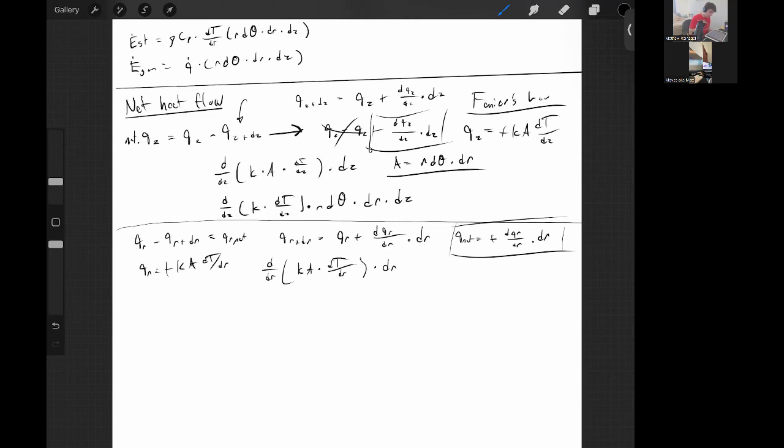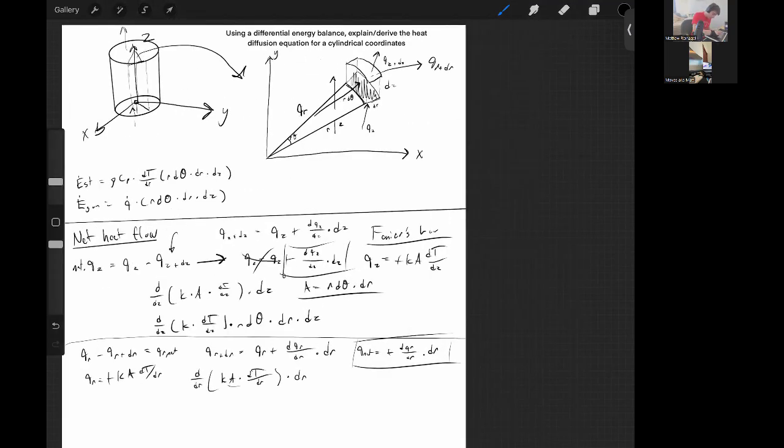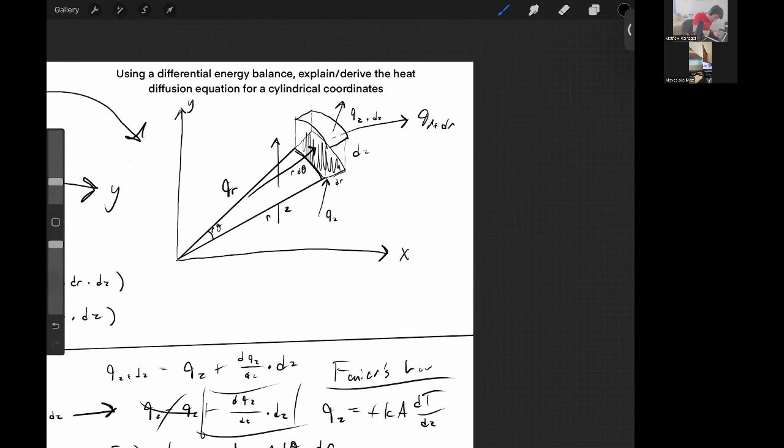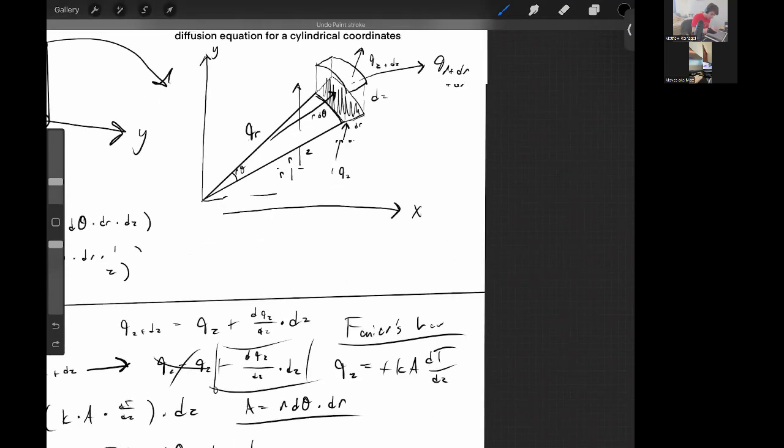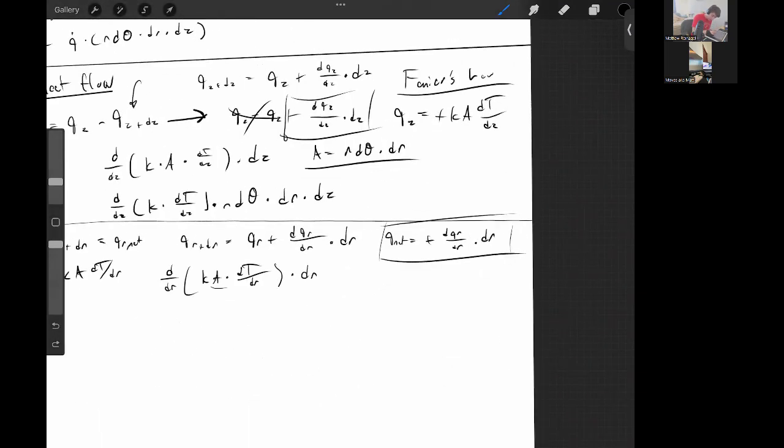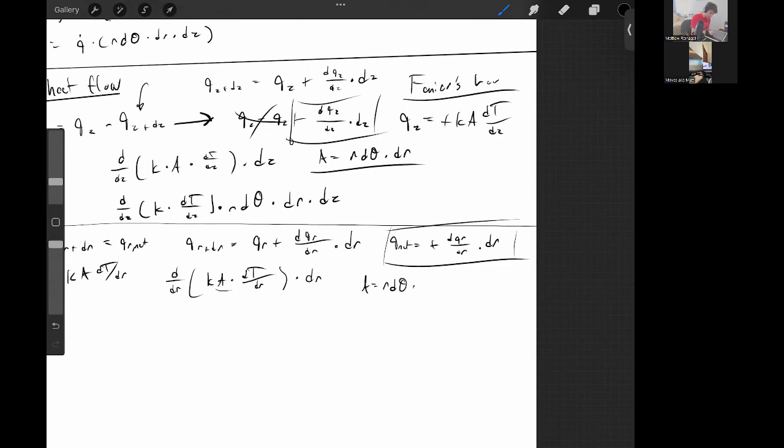So again, we're going to try to find area here. Our cross-sectional area in this case is instead r change of theta multiplied by dz. So we're going to say the area equals r delta theta multiplied by dz.